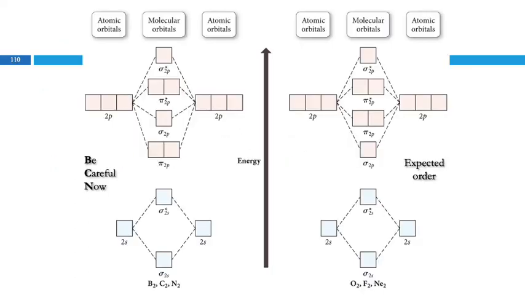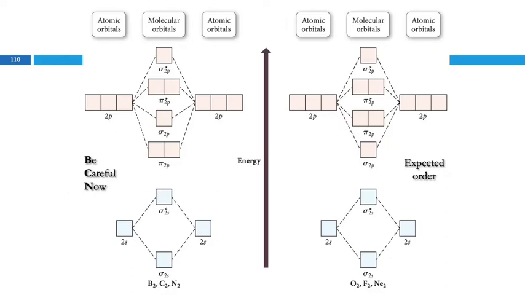And so if we look at it like this, the two s orbitals and what they do is the same. And here's our 2p orbitals. This is what most molecules will do. So the sigma is the lowest, and the sigma star is the highest. And then pi and pi star are in the middle.